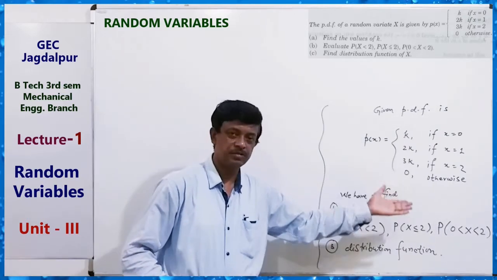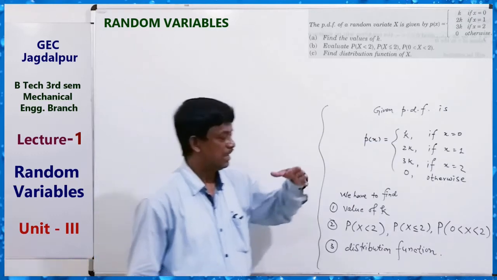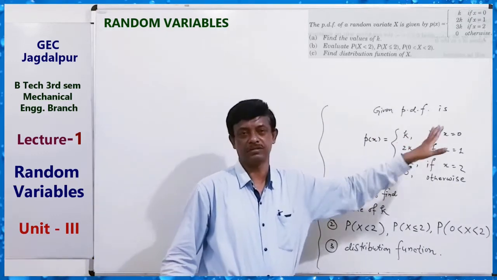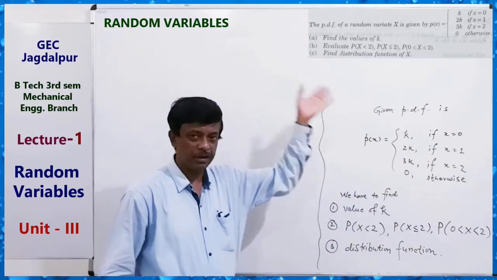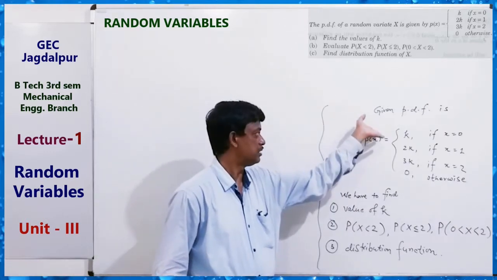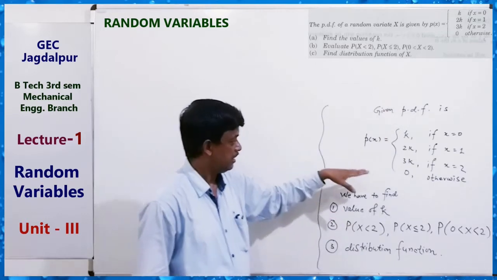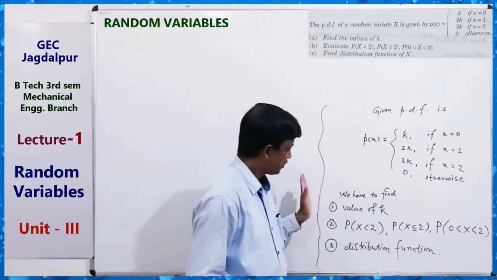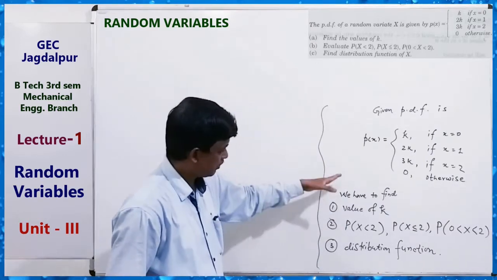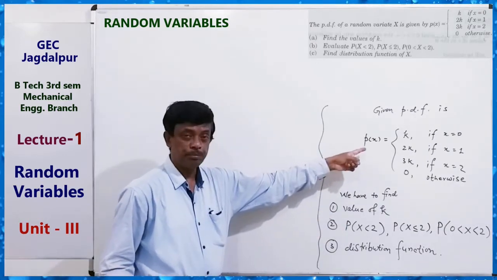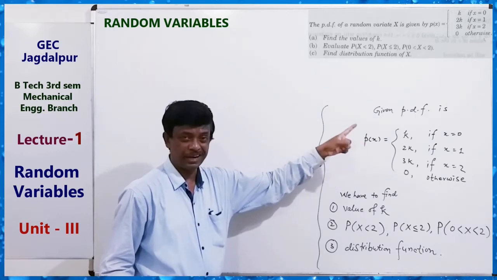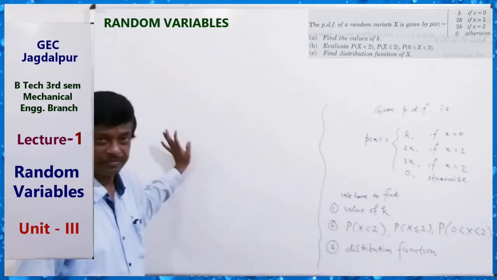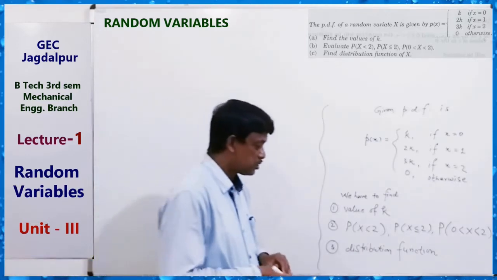Less than 0, greater than 0. Less than 0 means any discrete value, but for that part the value of p(x) is 0, and for greater also 0. This is the PDF for a discrete random variable. It is very clear.